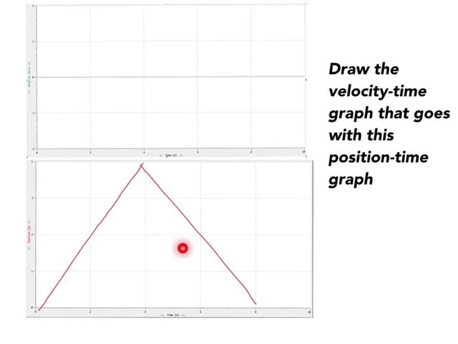So the speed here, notice this is a negative slope. So I'm actually covering, let's see, I go the same 4 meters and I do it in another 4 seconds. So I actually have a velocity of negative 1 meter per second.